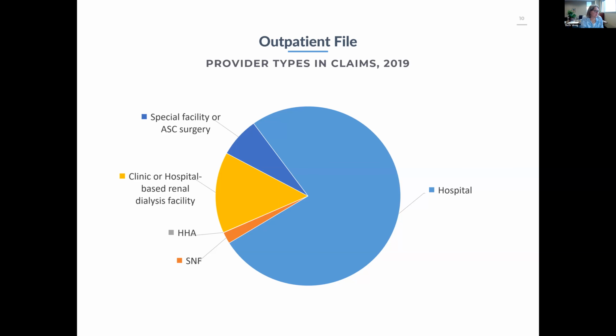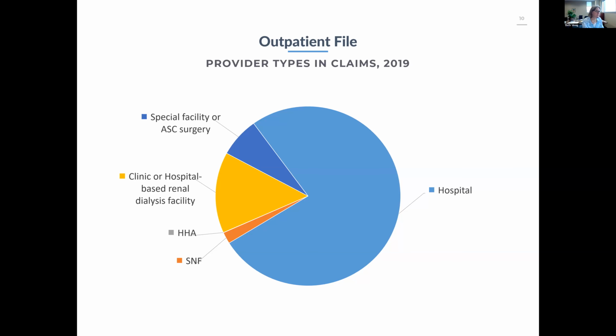Likewise, clinic or hospital-based renal dialysis facilities will use this form. Home health agencies are so small you can't see it, and skilled nursing facilities will show up in the outpatient file on those occasions when the skilled nursing facility is billing for Part B services. So skilled nursing facility care is a Part A service, but occasionally they provide Part B care.